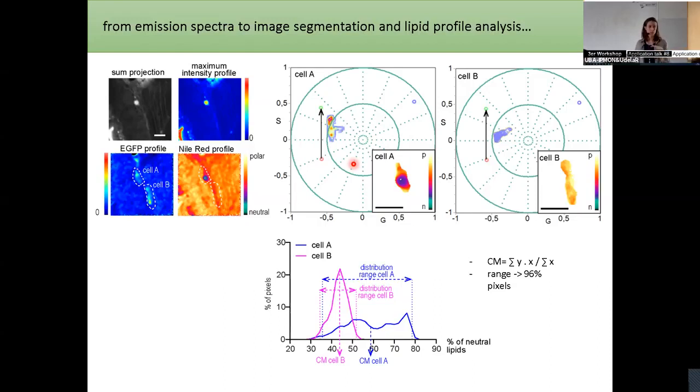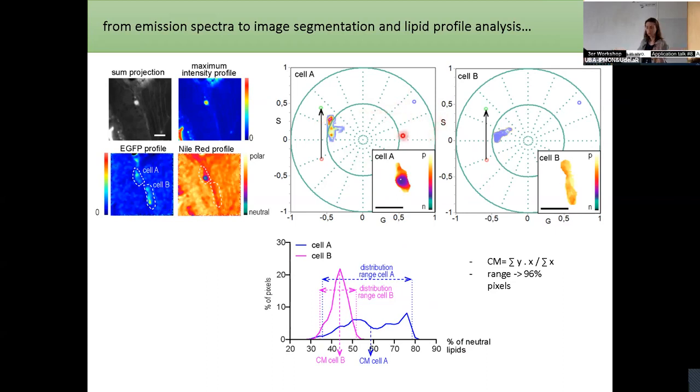It's because Nile Red will stain all the cells in the tissue. So the EGFP label will allow us to individualize the adipocytes that are going through differentiation and analyze only the Nile Red profile in those cells. So here I show you already phasor plots from those cells. Those are isolated cells. And you may notice that the Nile Red profile is quite different.